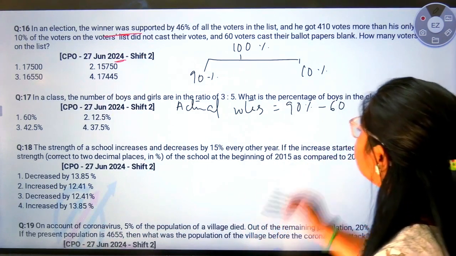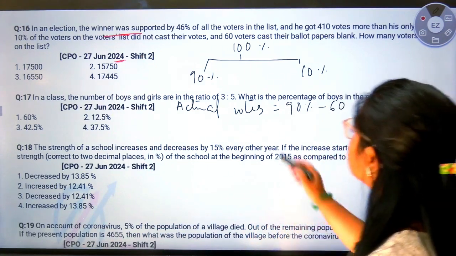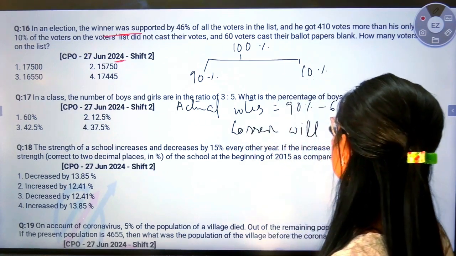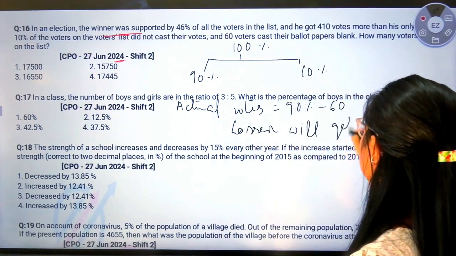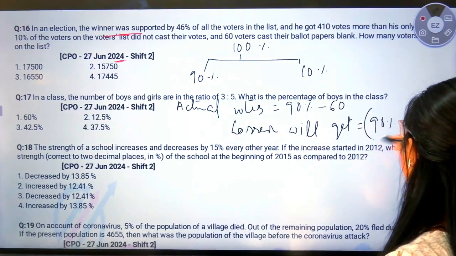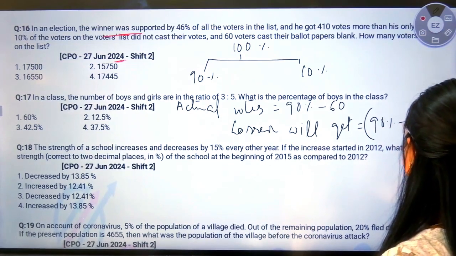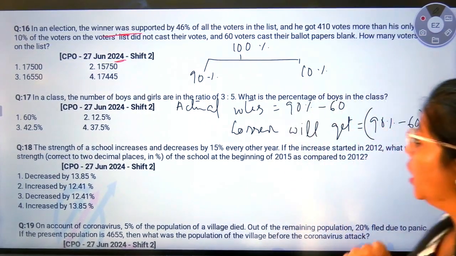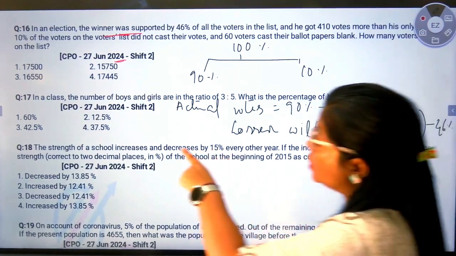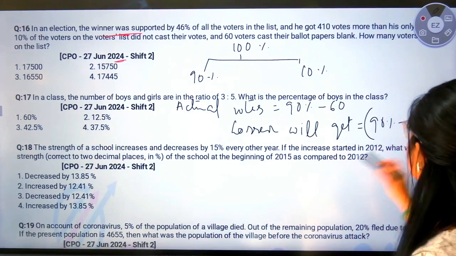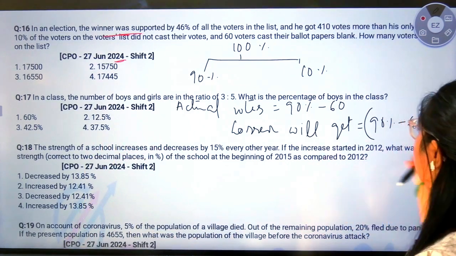So if winner got 46% of vote, then the loser will get how much? 90% minus 60 minus 46. So since out of 100, the valid votes are 90% minus 60, and the winner got 46%, then the loser will get this much of vote.